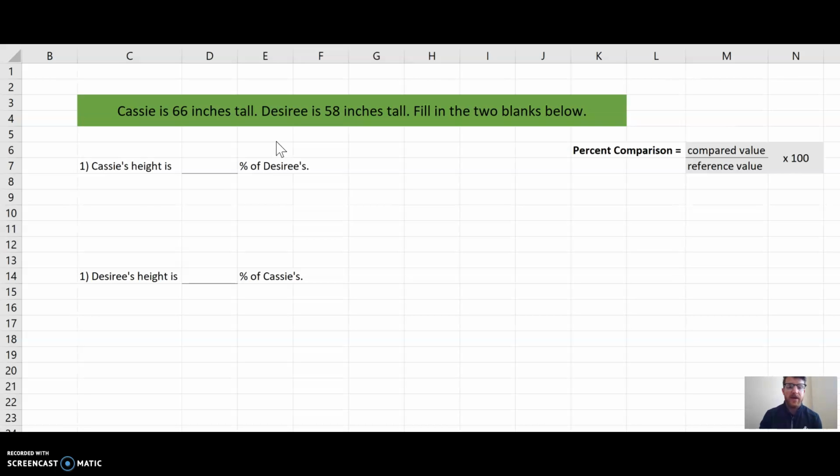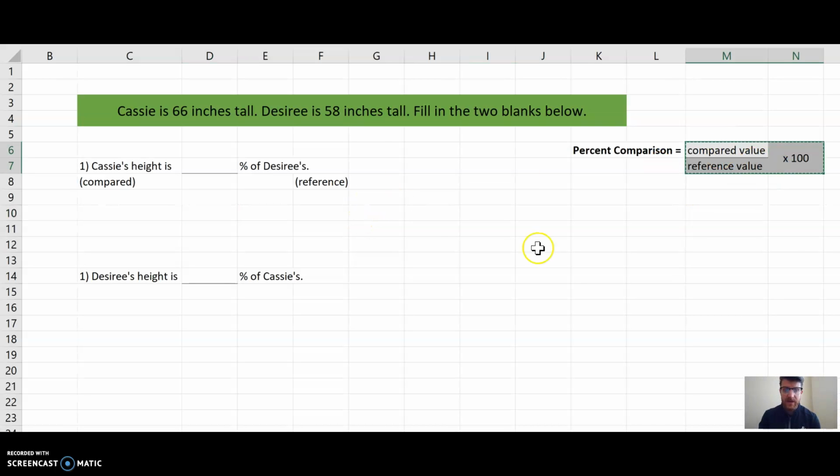Because we're comparing Cassie to Desiree, Desiree is going to be the reference value, and Cassie is going to be the compared value. Because Cassie's taller than Desiree, that percentage should be over 100. So let's check it out and see what happens.